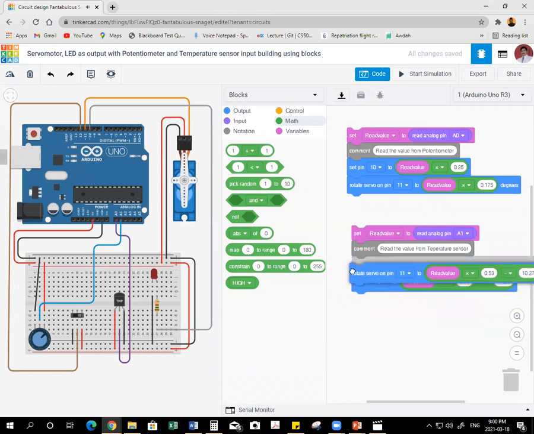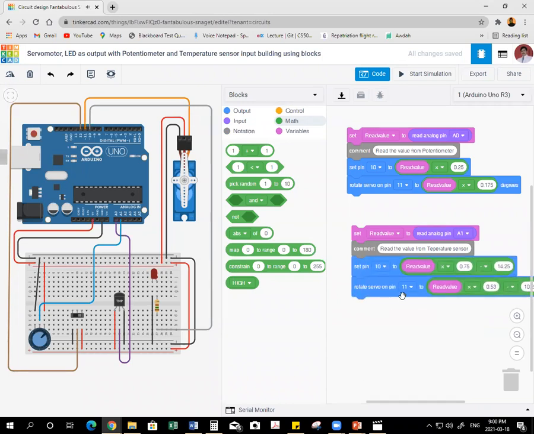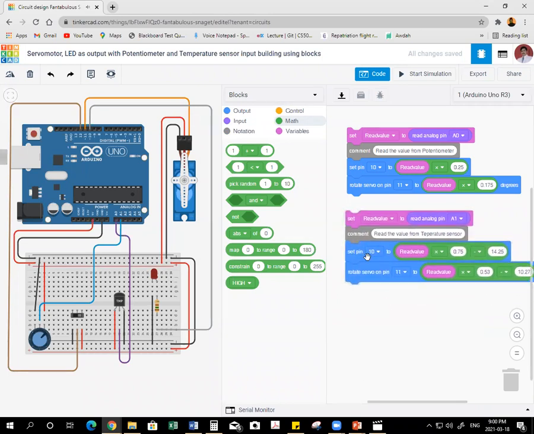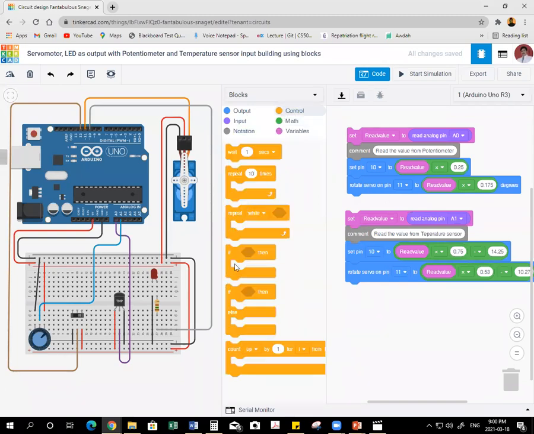Now just keep this here. Now we need an if condition, because either the switch control is there, both we cannot work together. If the switch is on the right side, then it has to take the temperature. If it is off, we have to take the potentiometer. Depends. Now take the if condition control, if else.